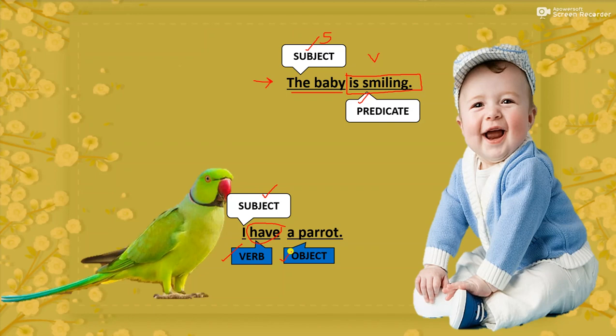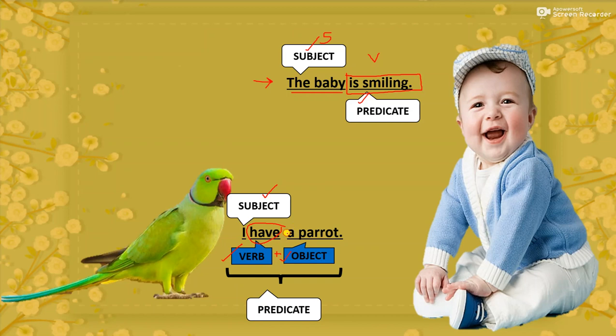Then where is the predicate here? So students, remember, the verb and the object together form the predicate of your sentence. Or if you have sentences like the first one, the verb alone can be called the predicate. We usually add an object to certain sentences if and only if with the subject and the verb the sentence sounds incomplete.